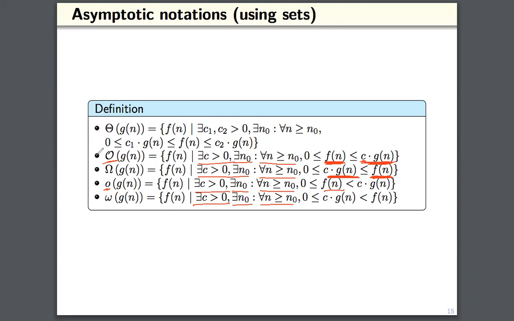What is the difference between big O and small o? Here it can equal, but here it can never equal. The rate of growth of f of n eventually will still be less than that of g of n. That's the meaning of small o. Similarly, small omega: f of n has a larger, faster rate of growth than g of n. Got it?